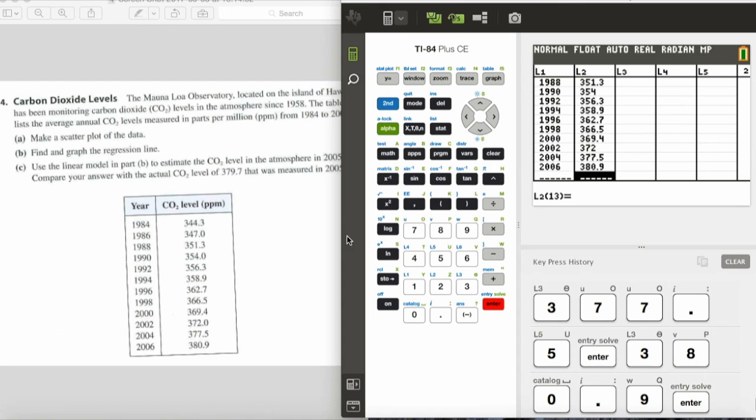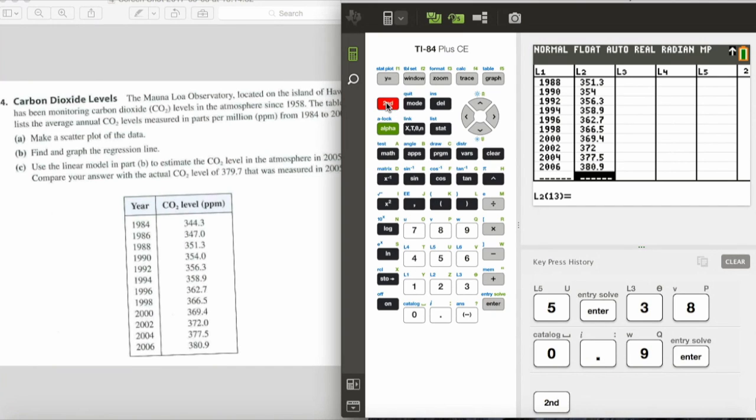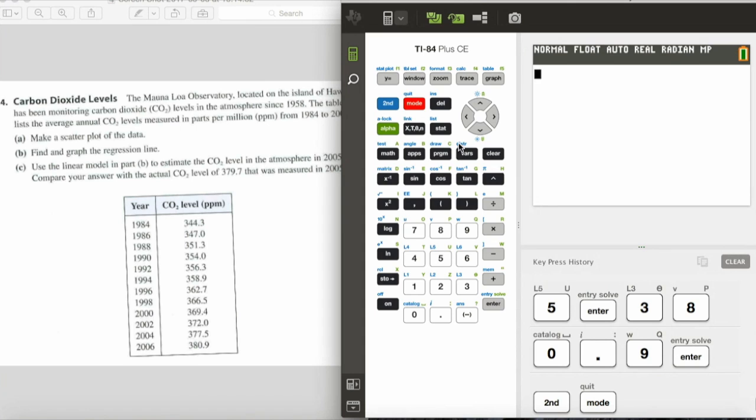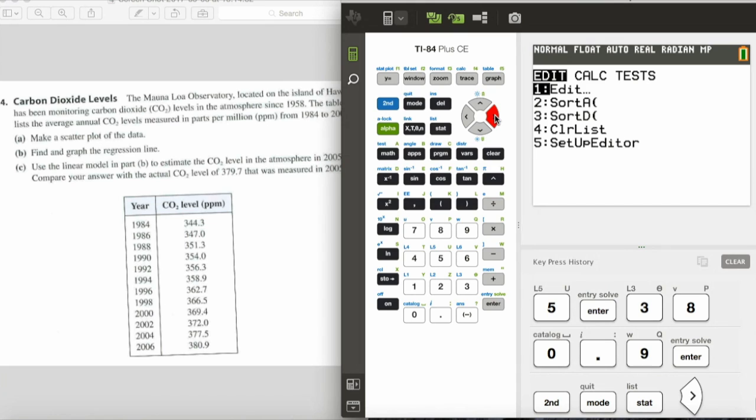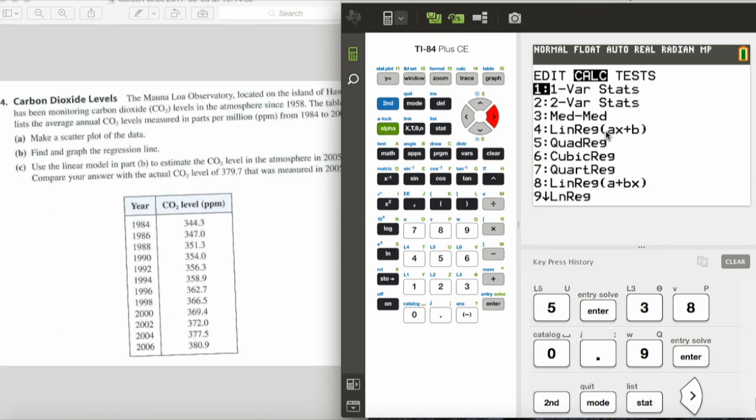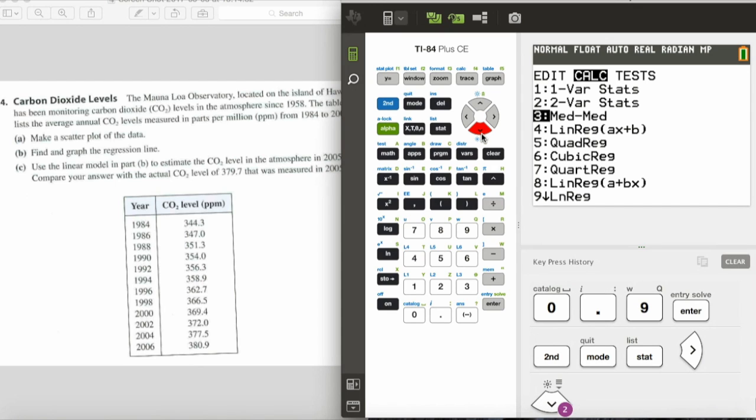Okay, I've finished putting the data in the table, L1 and L2. Now I want to do a linear regression, so I'm going to quit out and go to the stat key and calculate. Linear regression is number 4.